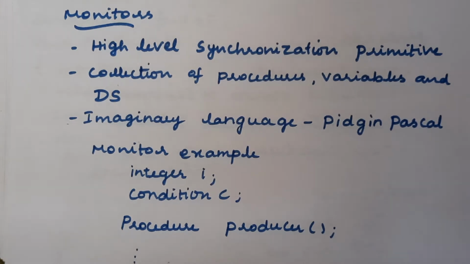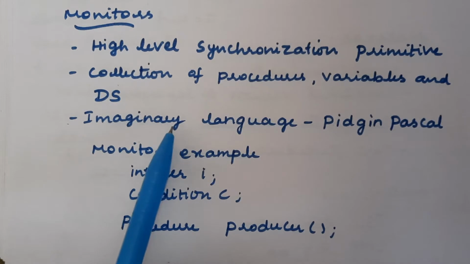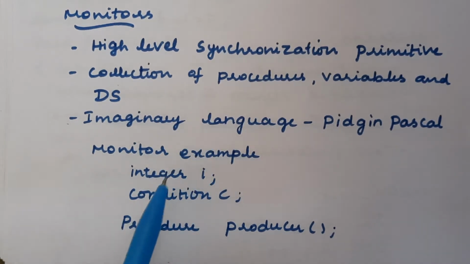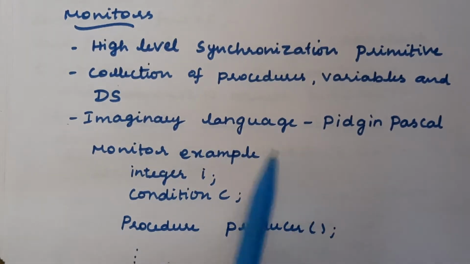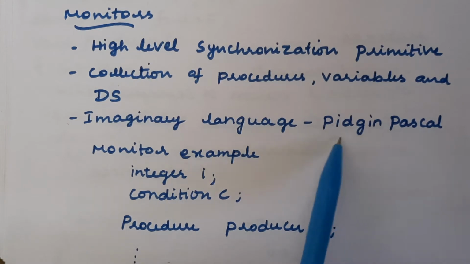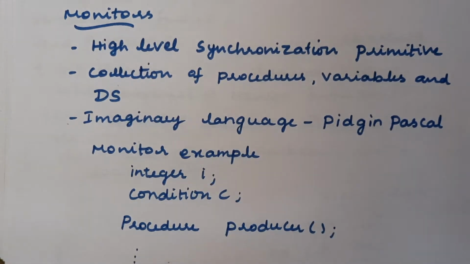Next, monitors have a specific structure, and it has been written in an imaginary language. The name of the language is Pidgin Pascal. It is a kind of imaginary language. So why have we not used a specific language like C or some other programming language?